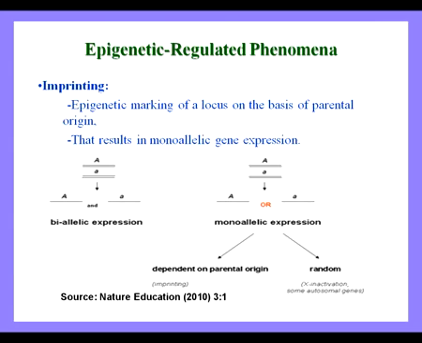You see, in diploid organisms, there are two alleles, one recessive and the other dominant. But here, the gene expression takes place on the basis of only one allele, the other allele becomes silent, and that is because of differential methylation or DNA modification.